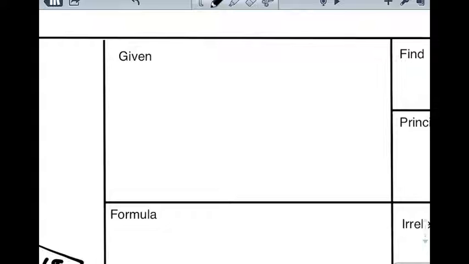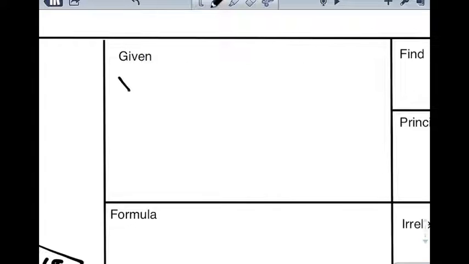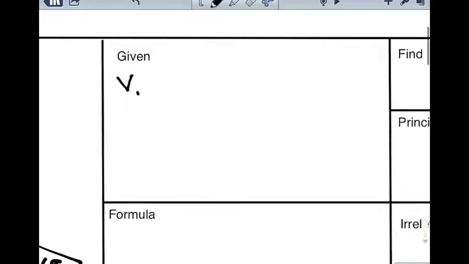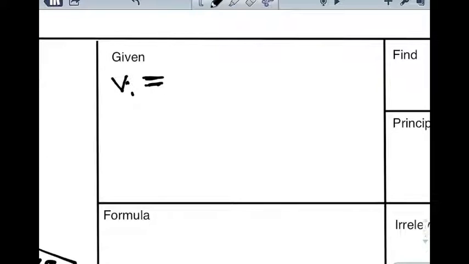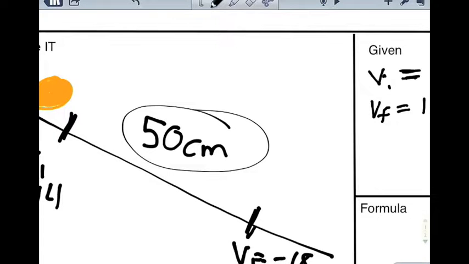Our given information includes the fact that we have an initial velocity, and that initial velocity is equal to 14 meters per second. And in addition to that, you have a final velocity, and the final velocity that it gives you is 18 meters per second. And that is when they go between 2 photo gates that are 50 centimeters apart.